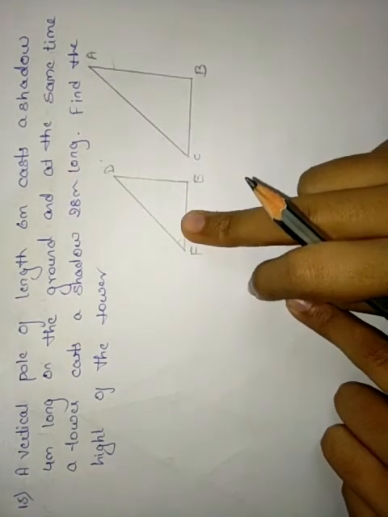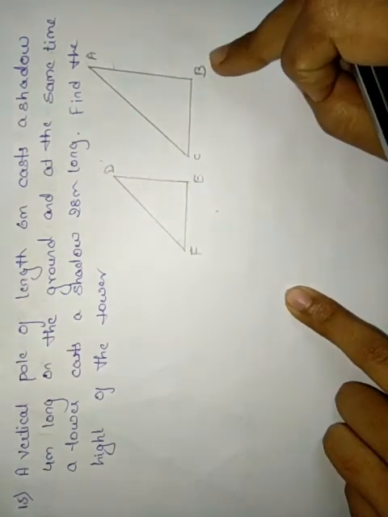Fifteenth problem. A vertical pole of length 6 meter casts a shadow 4 meter long on the ground, and at the same time a tower casts a shadow 28 meter long. Find the height of the tower. This is the pole, and this is a tower.